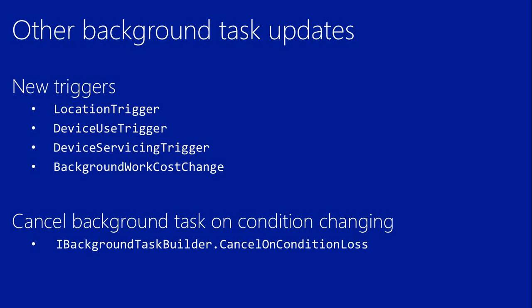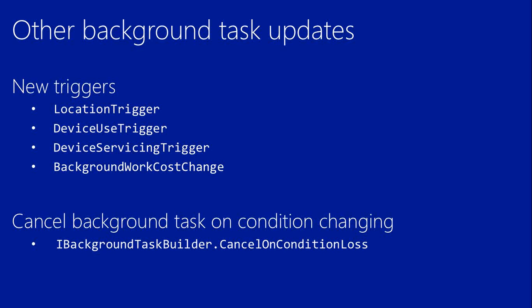Then cancel background task on condition changing. Cancel on condition loss. What happens is, let's say you have a condition. Remember I told you that for a background task there can be 0 or more conditions, and you need to satisfy all the conditions for the task to run. So cancel on condition loss means, let's say you have the condition internet available, but you go into a tunnel and there's no more internet available over there.